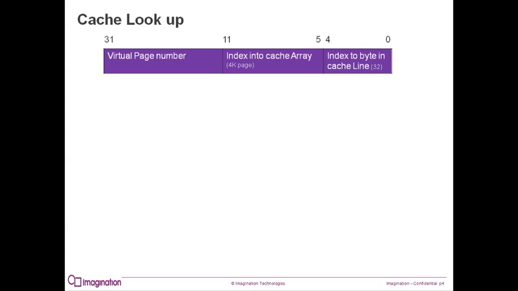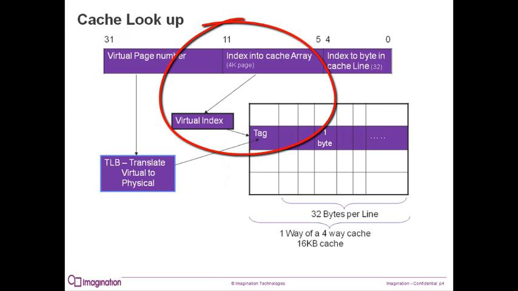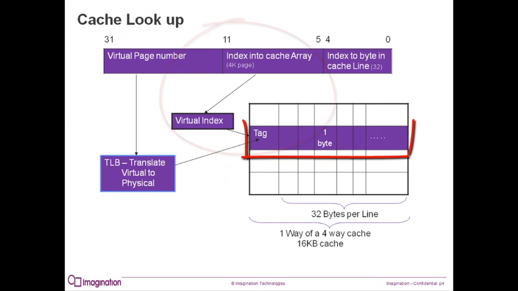Caches are virtually indexed and physically tagged to allow them to be accessed in the same cycle that the address is being translated. This means that while the MMU is using the virtual page number to get the physical page number, the cache controller is using the index part to locate where in each way of the cache the line might be stored.